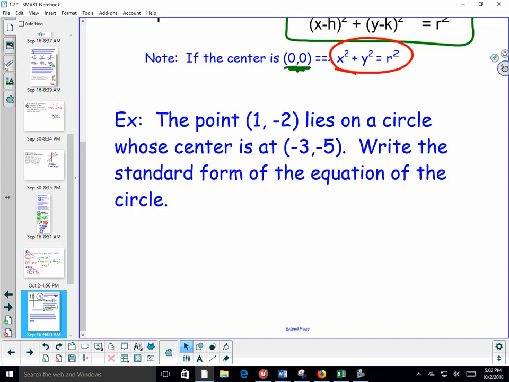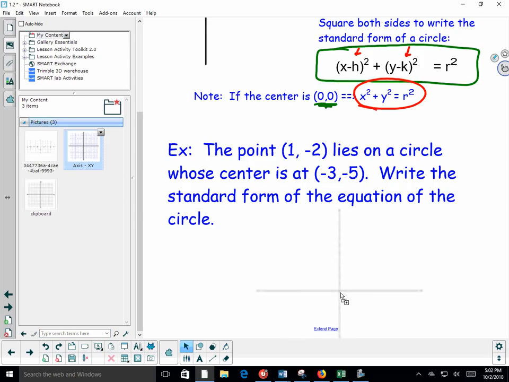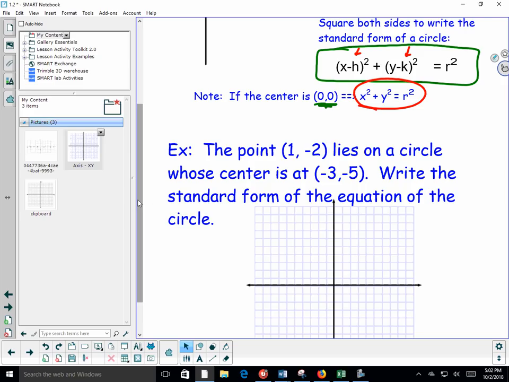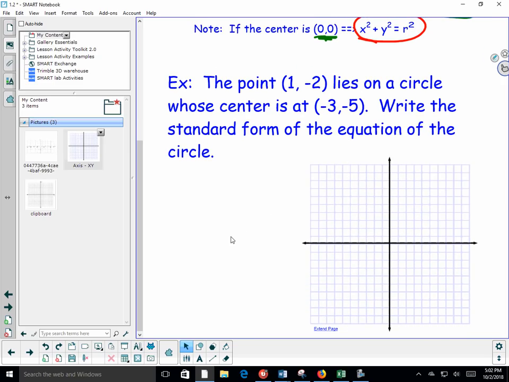So let's get a quick little graph going here to see what's going on. I'm such a visual learner. I want to see a picture of this. So in this case, we have the center of the circle at negative 3, negative 5, which is right here.